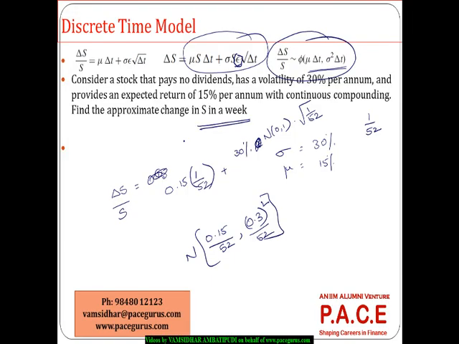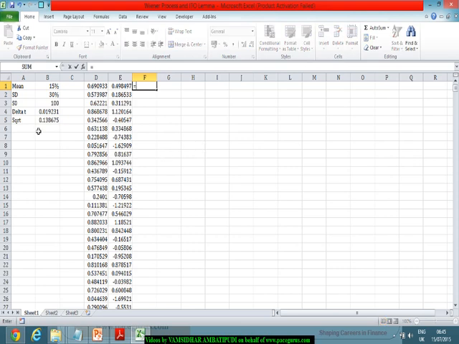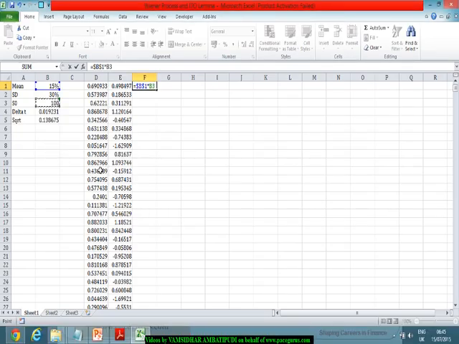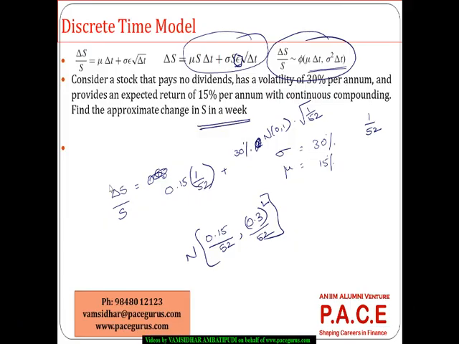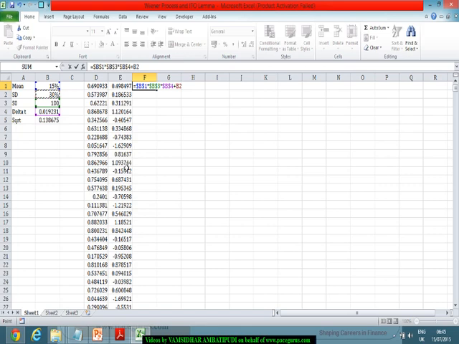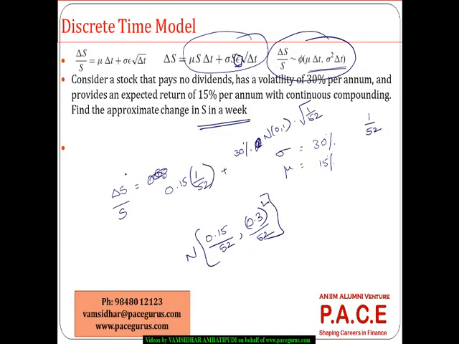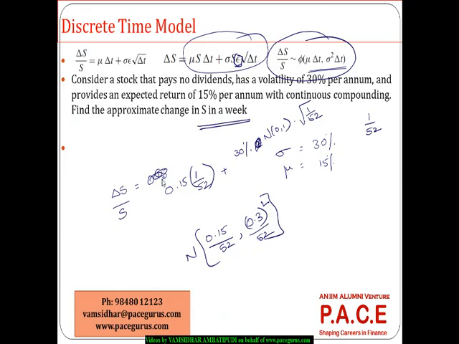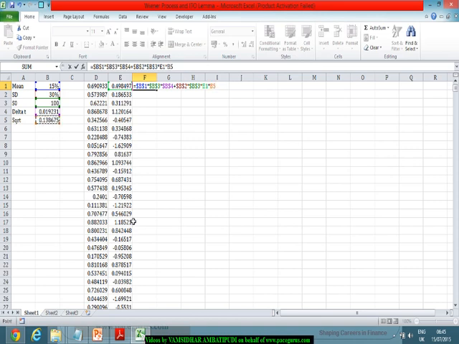So now I am generating delta S, which is mu, the mean, times S times delta T, where S is the current value, plus sigma times S times epsilon times the square root of delta T. This is the square root of delta T.